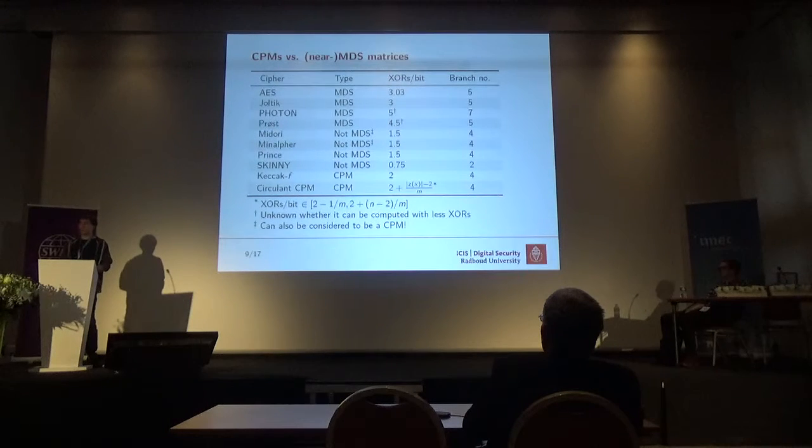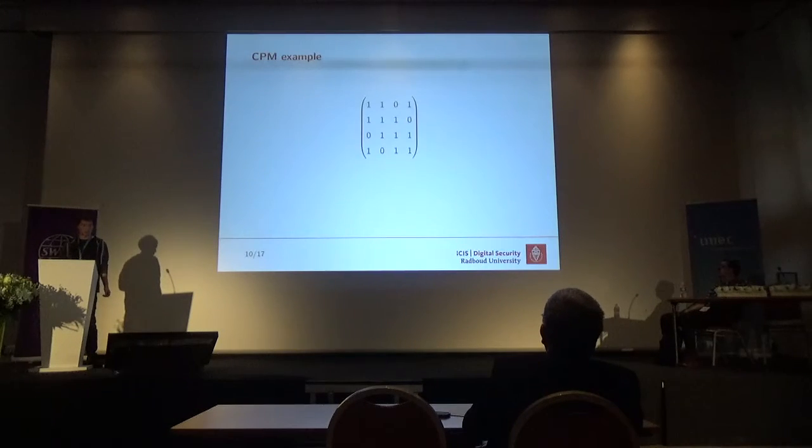And it turns out that matrices that have previously been used in Midori and Minalpher, we can actually also view and define as a column parity mixer if you reorder some of the bits. So this matrix is used in a few ciphers, typically called near MDS.